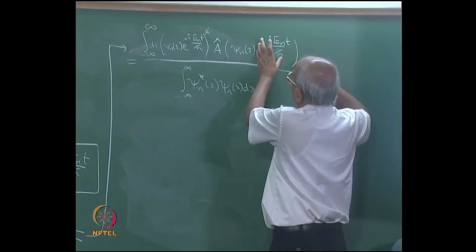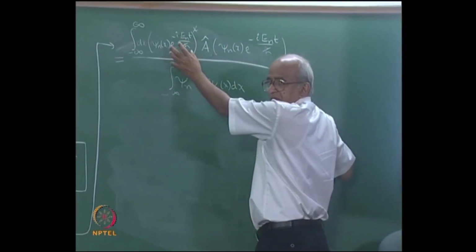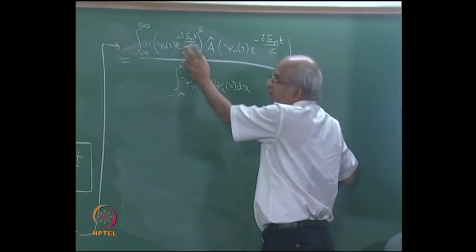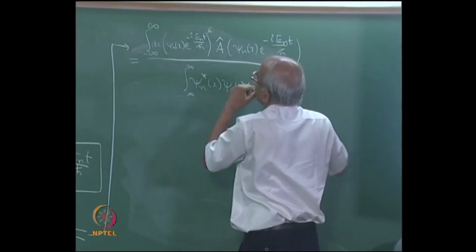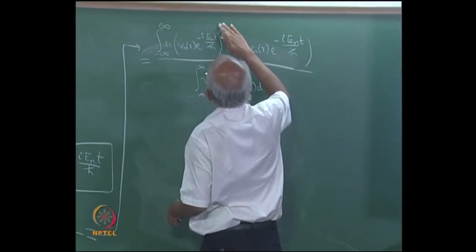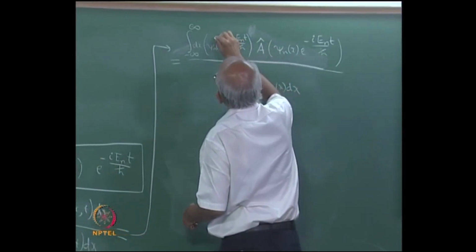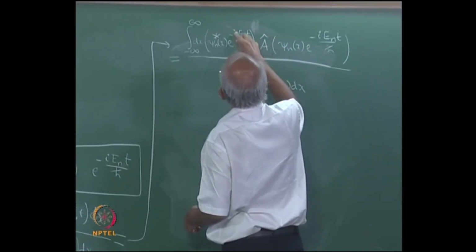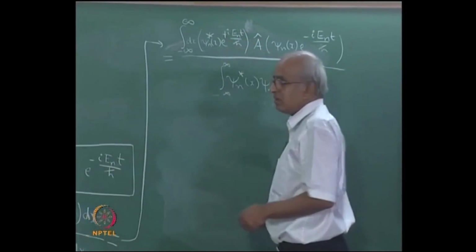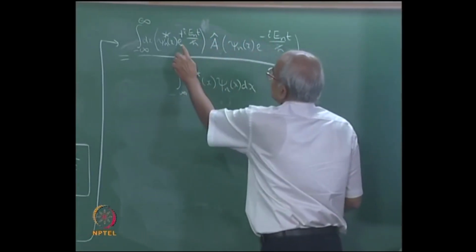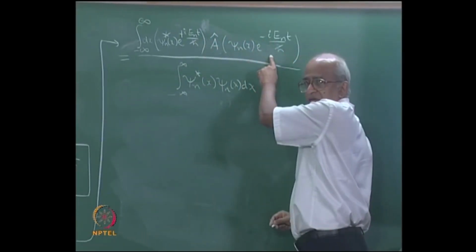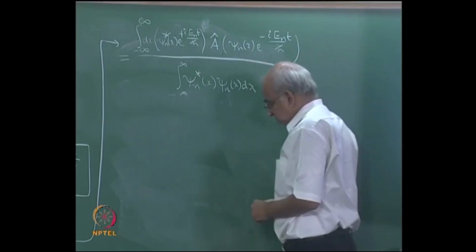So, you can move this term to the left side of A, and on the left side of A, what is it that you have? You have this complex conjugate. So, this star can be taken inside, this minus sign will become a plus. So, once you move this outside, this and that are going to cancel, and you are going to get 1.